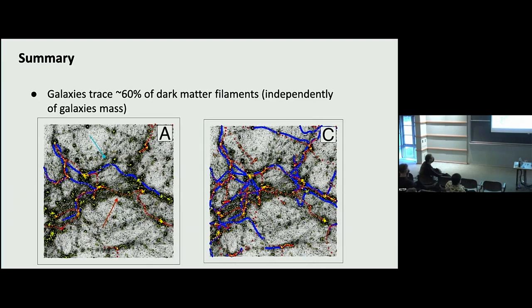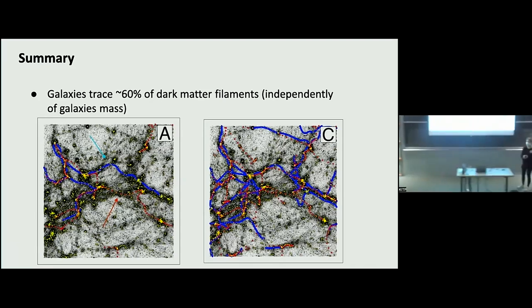Yes, it should be, but we also have galaxy bias, and it will affect our results in any case, even if we have the best resolution for dark matter or real data for dark matter. We also have galaxy bias, and it will affect our extraction of the filaments.